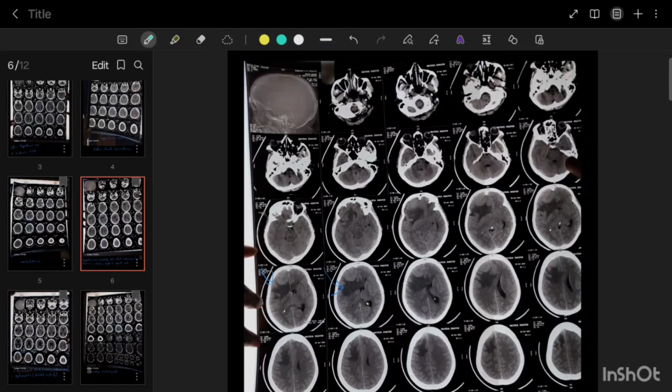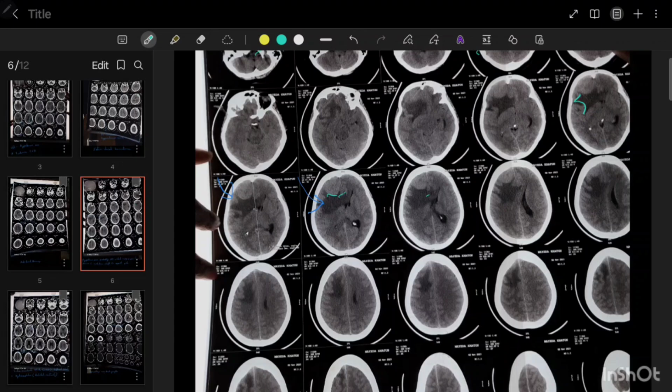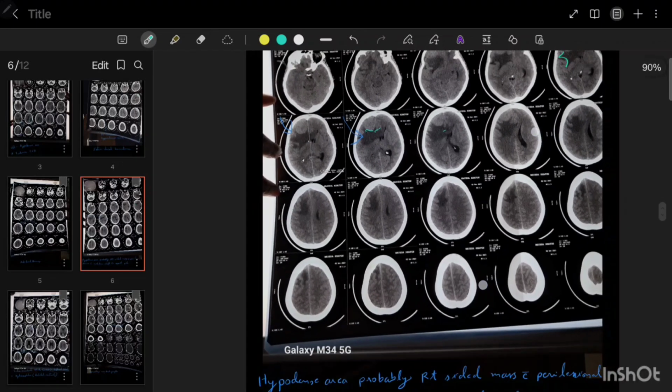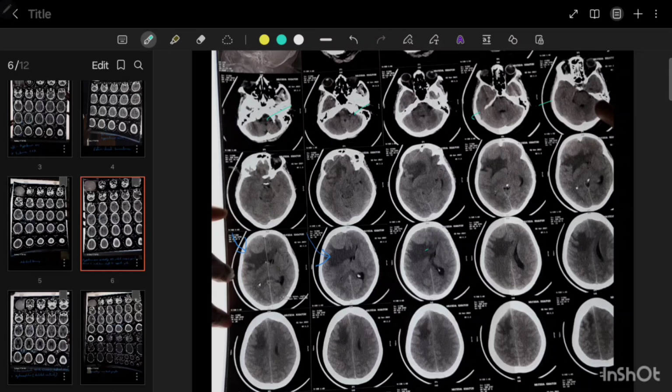Now in this CT scan, let's see. In this CT, no such finding. Let's see here. Here a hypodense area, a star-shaped hypodense area. See the star-shaped hypodense area. Here also. So in this CT scan, you can see a star-shaped hypodense area, and it is not typically an ischemic pattern.